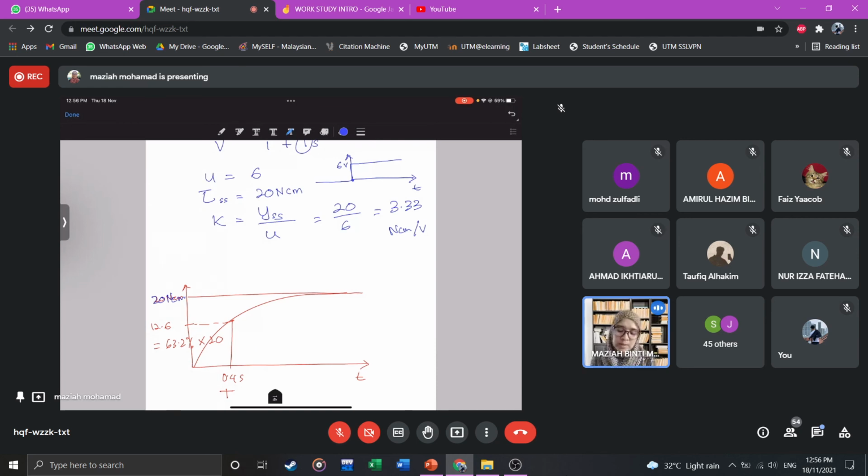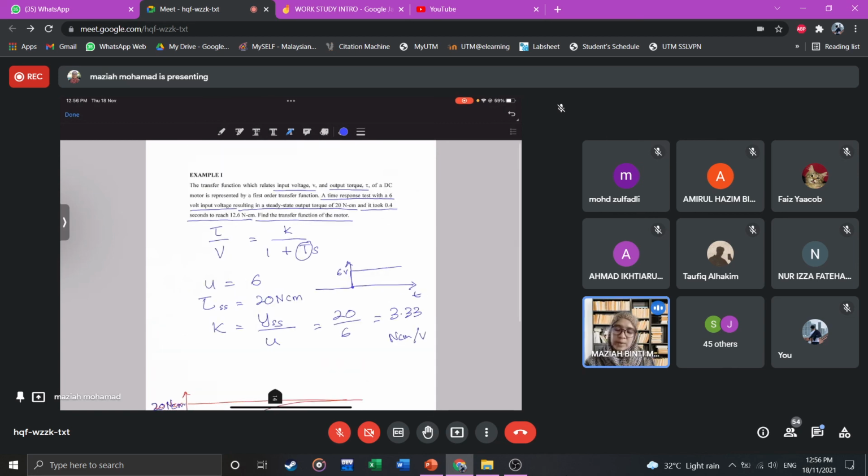Multiply 63.2% by 20 and it gives you 12.6. So 0.4 here is our time constant, and the transfer function becomes 3.33 divided by 1 plus 0.4s. That is example number 1 for the first order system.